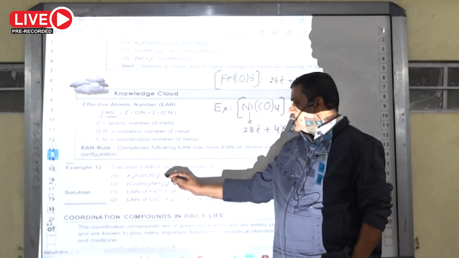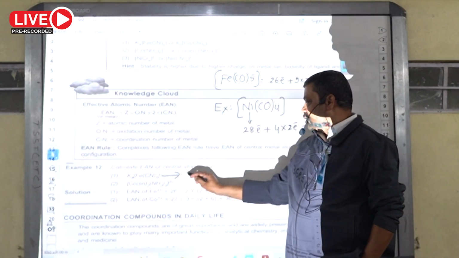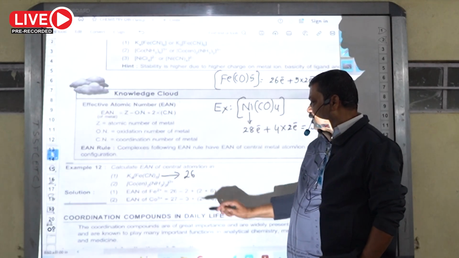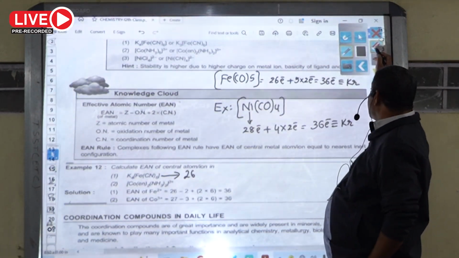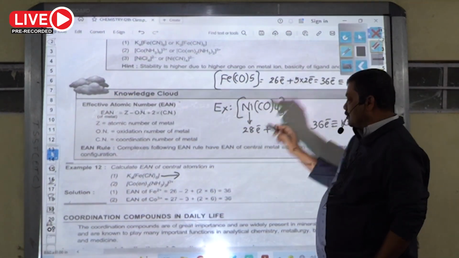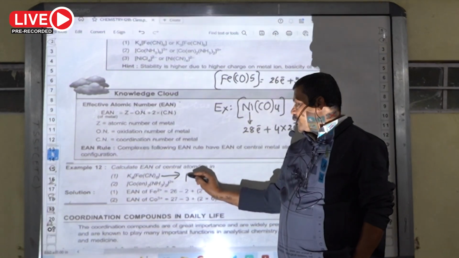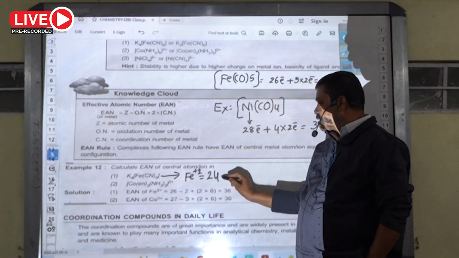Here one is given, K4[Fe(CN)6]. Not 26 because iron is in +2 state here. So Fe2+ has only 24 electrons.